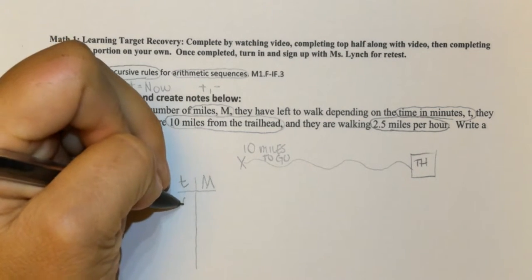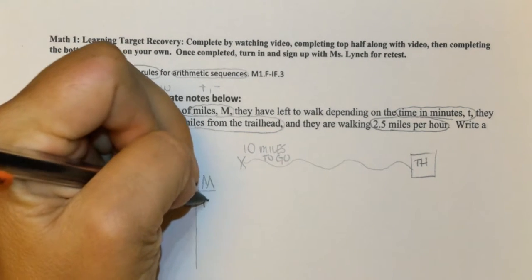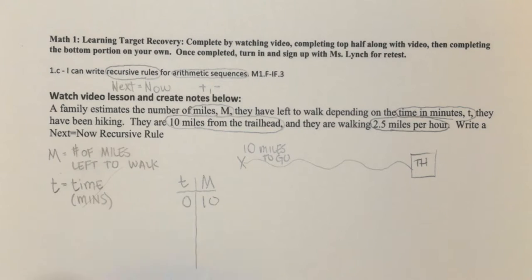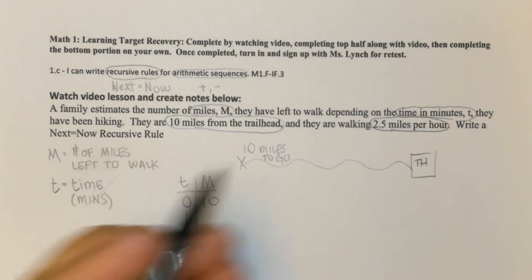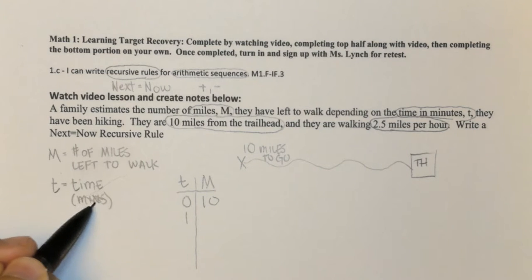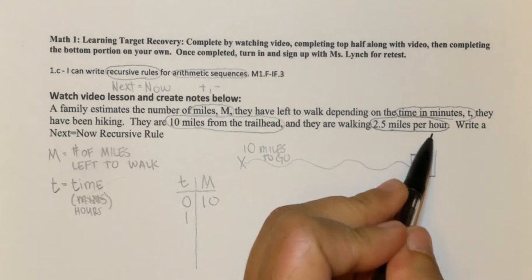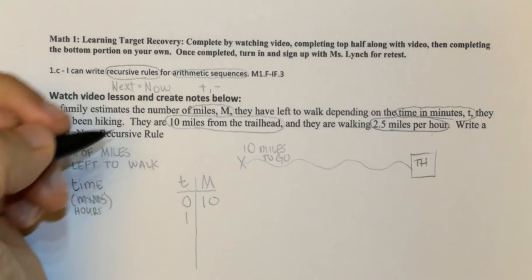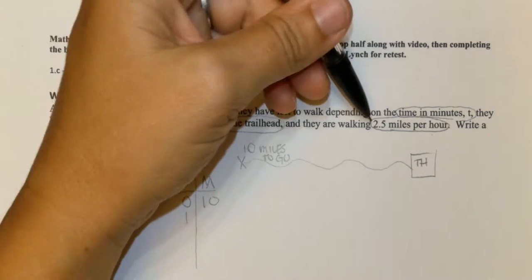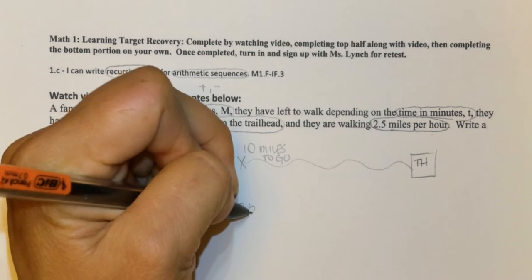Then at time 0, so when they start to think about how far they have, they still have 10 miles to go. And then 1 hour later, I put minutes here, I'm sorry, time in hours. 1 hour later, they have 2.5 miles less than that. So 10, you're going to minus 2.5.